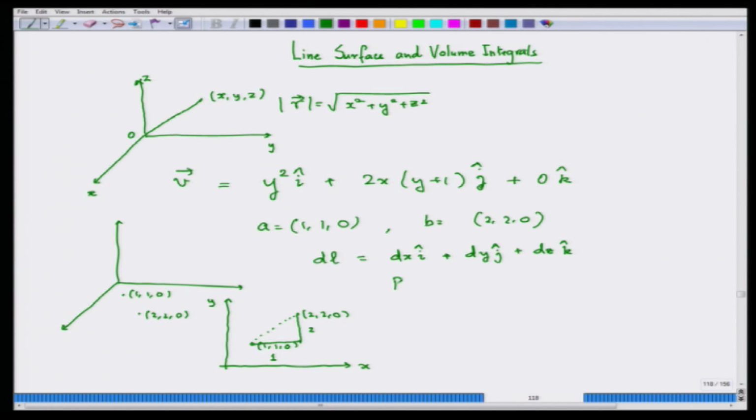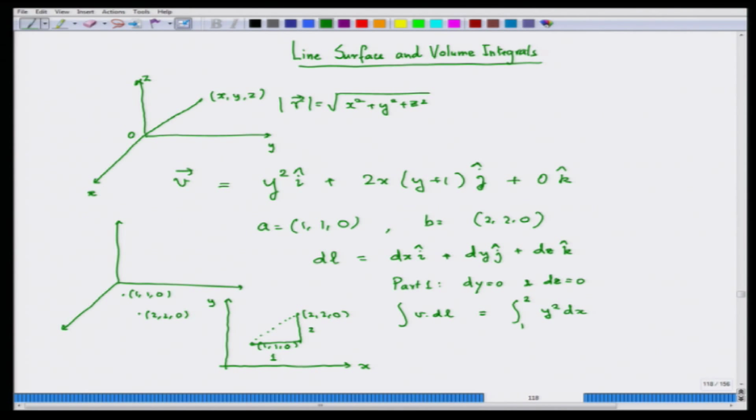So, in part 1 of the path dy is 0 and dz is 0, there is no change in y and z. So, basically I have the dx part. The integral of v dot dl, with x changing from 1 to 2, where v dot dl is y square dx.